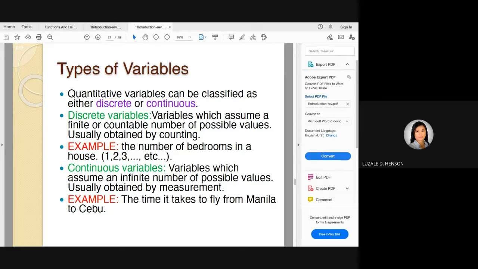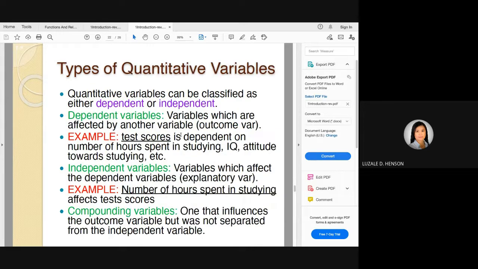Let's say number of minutes or number of hours it takes to fly from Manila to Cebu. The height of a person. So, continuous variables yan. Anong tawag? Blood pressure. Diba? So, these are measured variables.